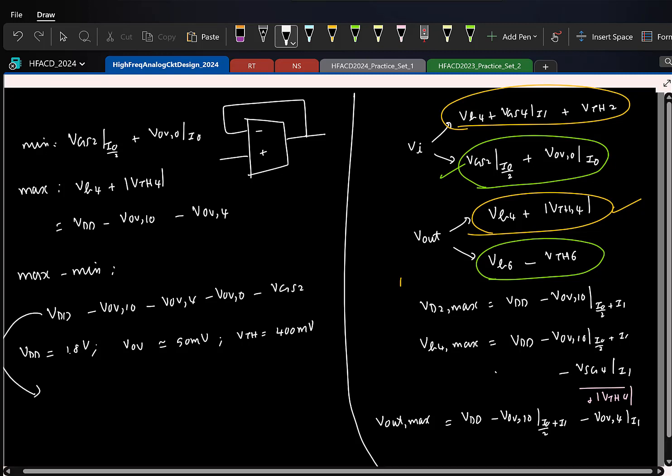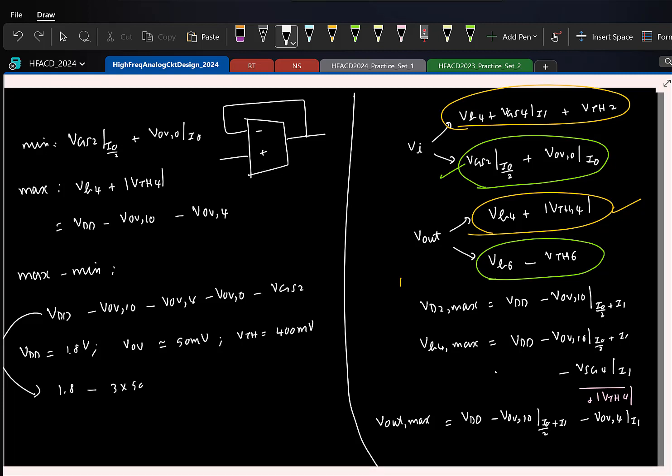What does this evaluate to? I have 1.8 minus 3 overdrive voltages. What is the gate to source voltage? 450 millivolts. So I think around 1.2 volts.